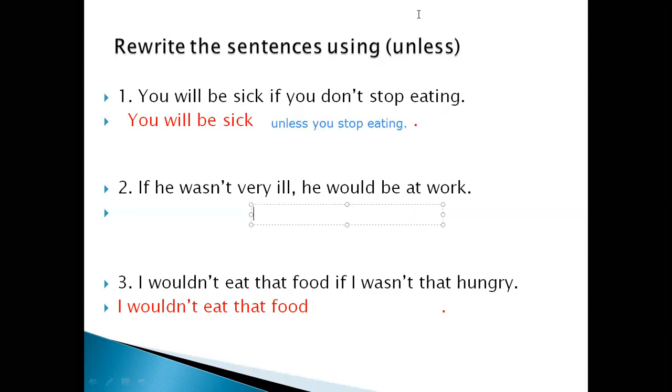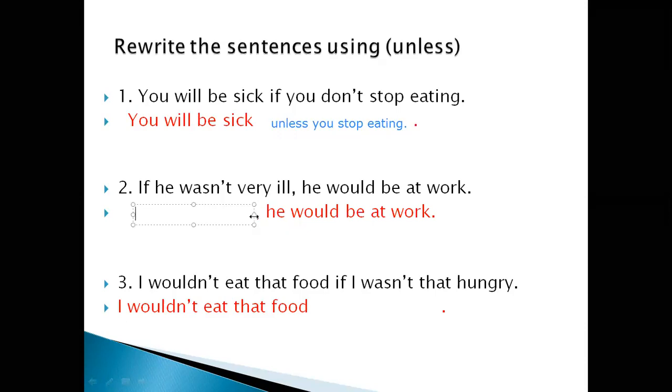If he wasn't very ill, he would be at work.